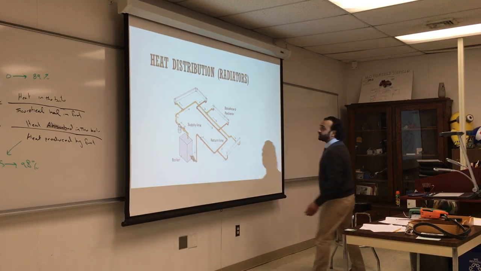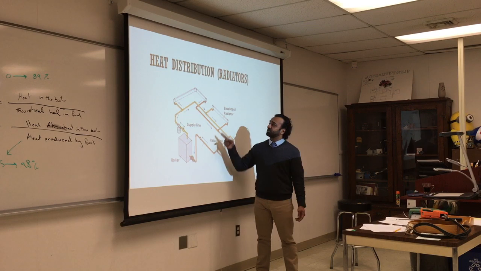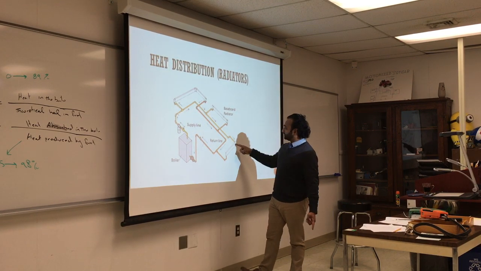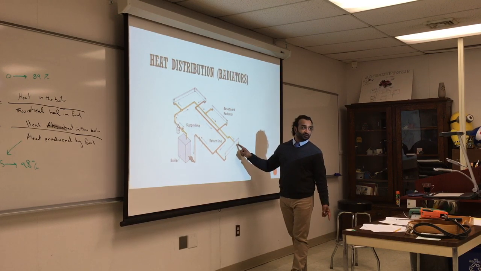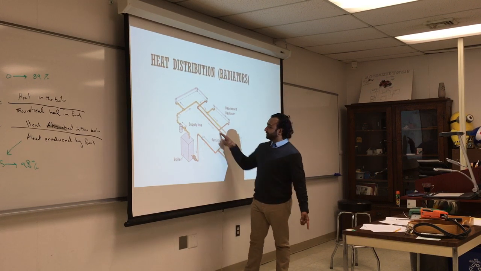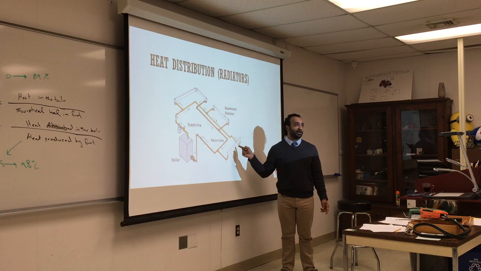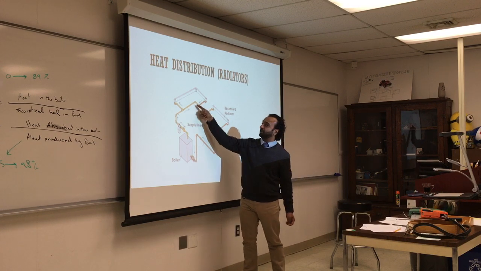So again, this is a very good two-pipe system, which, if you notice, has a supply line that goes around all the way to the last radiator, and there's a return line. Those radiators are connected in parallel, so each one of them will get the same temperature and the same pressure because they're tapping into the same supply line.